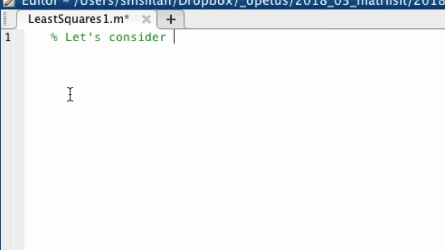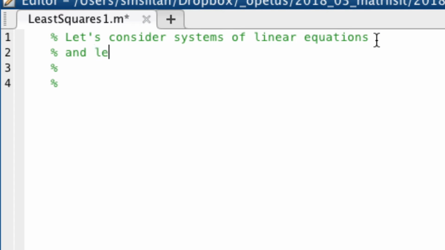So let's consider systems of linear equations and least squares solutions.